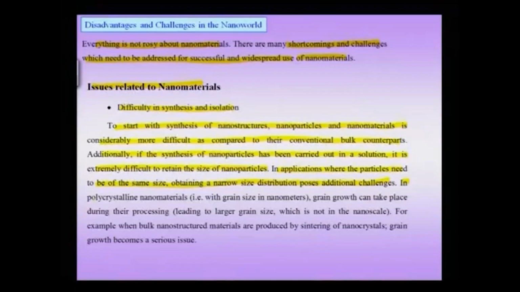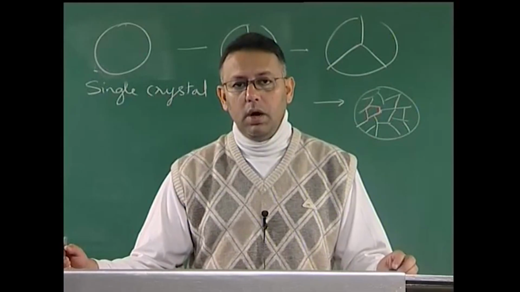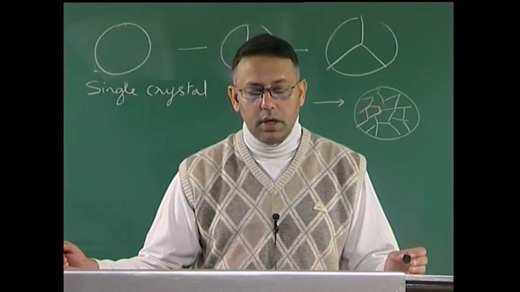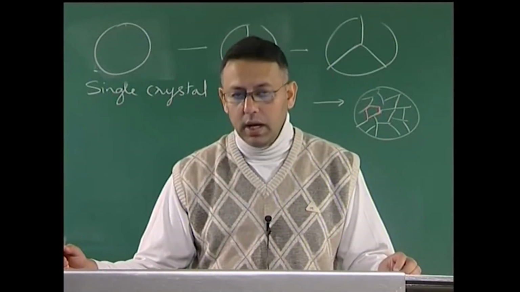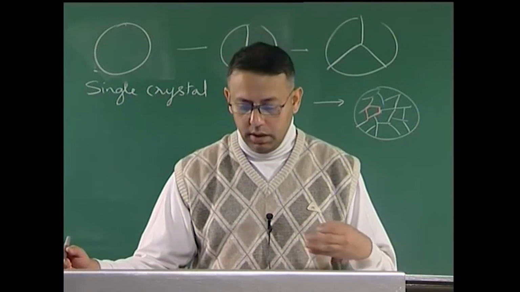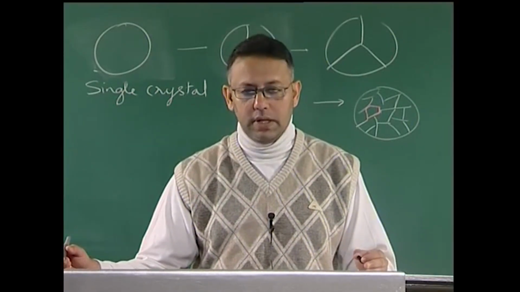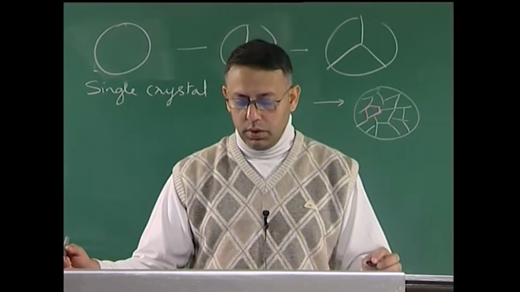In polycrystalline materials, for instance, where I am talking about grain size in nanometers, grain growth can take place during their processing. As we already said, if I am talking about a nanopolycrystal, then the interface area is very large, the grain boundary area is very large. This automatically implies that the diffusion is going to be very large along the interface, and grain growth can also take place.